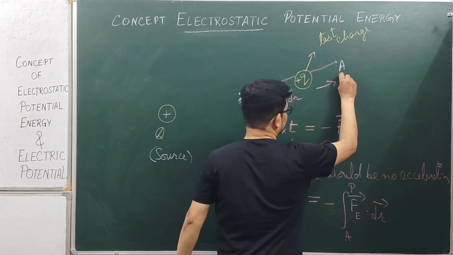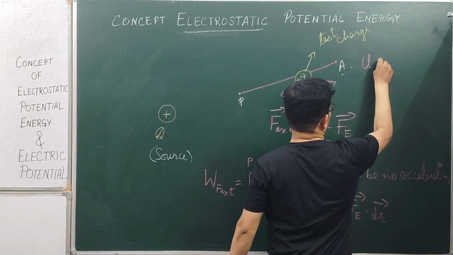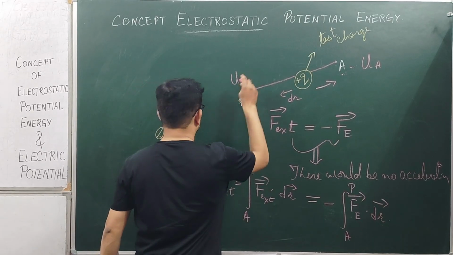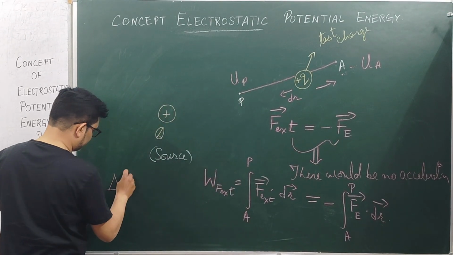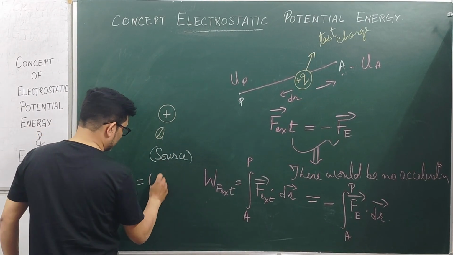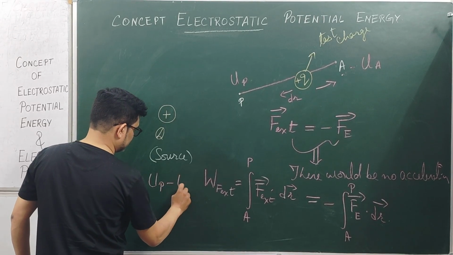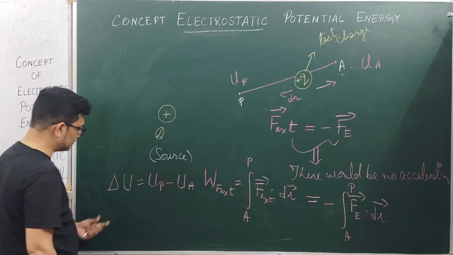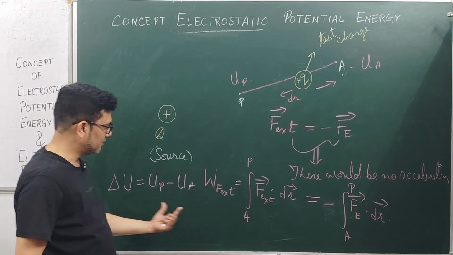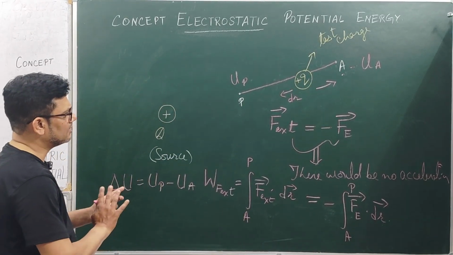Suppose here the potential energy value was UA, and here the potential energy value is UP. So the difference of electrostatic potential energy between these two points is the final potential energy UP minus UA. This is the change in potential energy, and it is equal to this work done. This is what we get at first instance, as a concept.